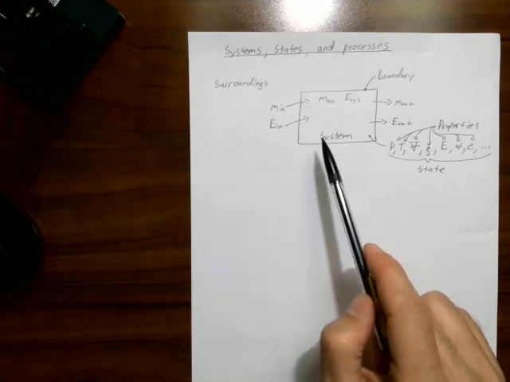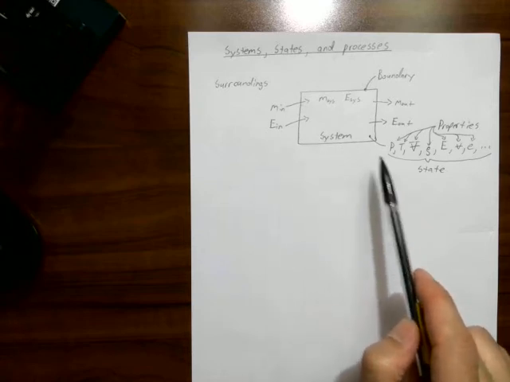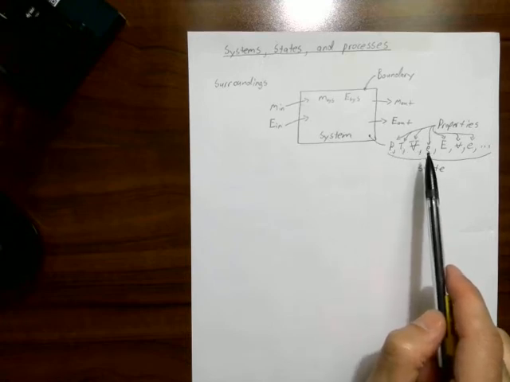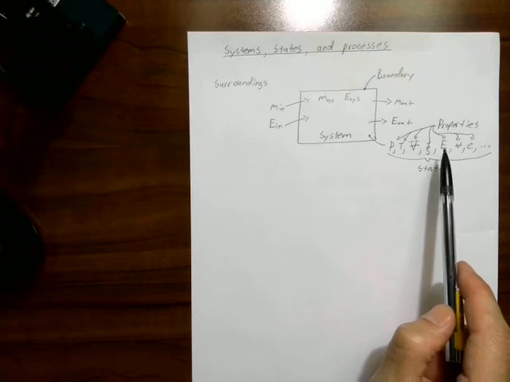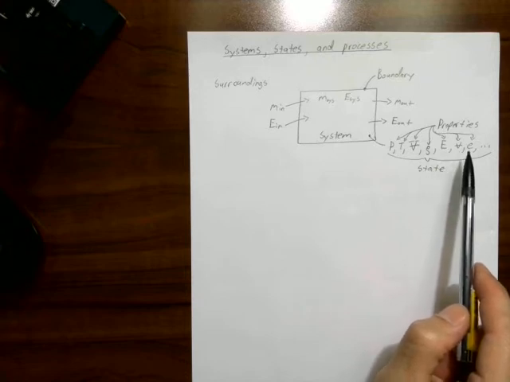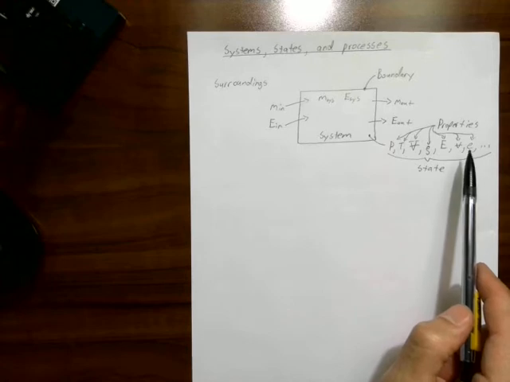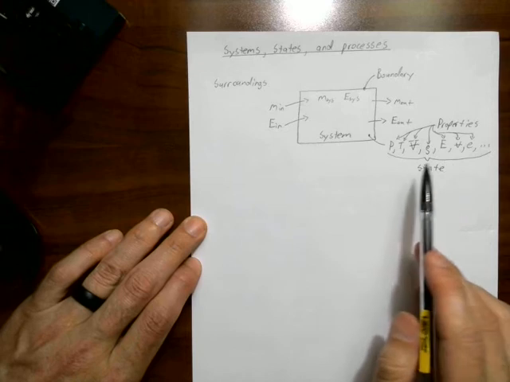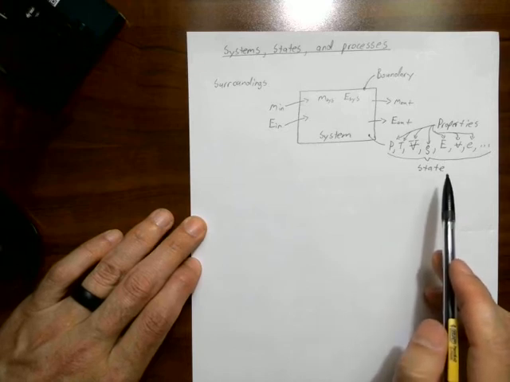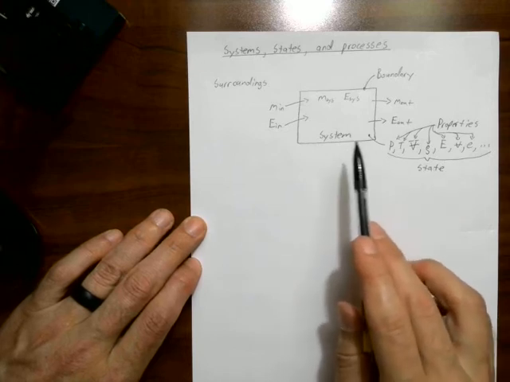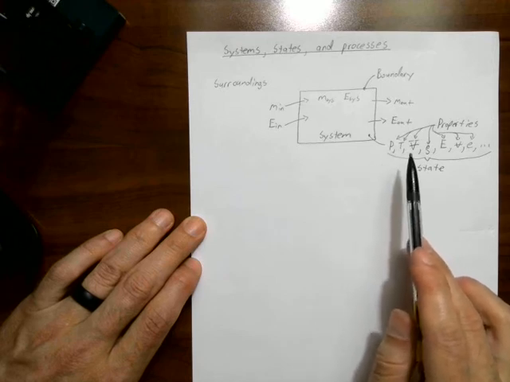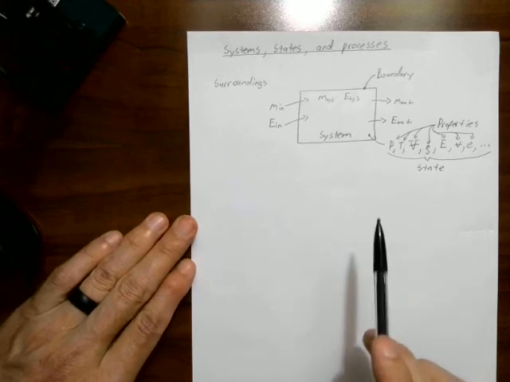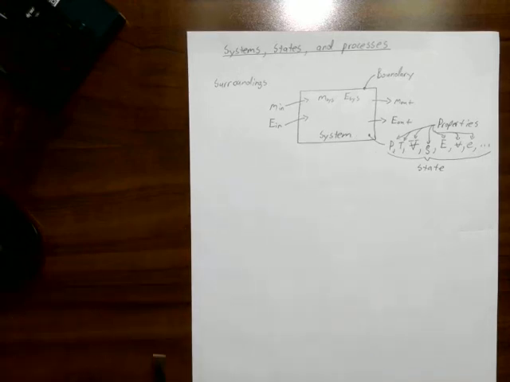All right. So a system has properties such as pressure, temperature, volume, density, energy, specific volume, specific energy, and I'll get into details of exactly what that means in a minute. The collection of these properties is called the state. So the state of the system is the collection of properties which define the system that we're interested in.